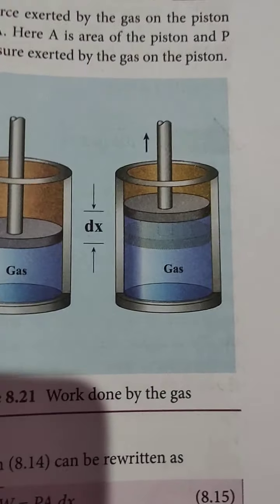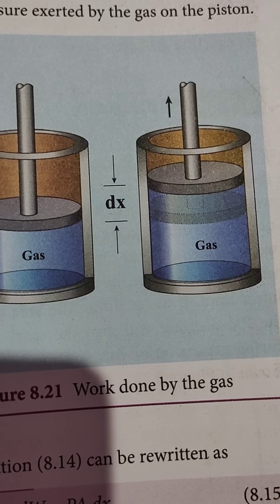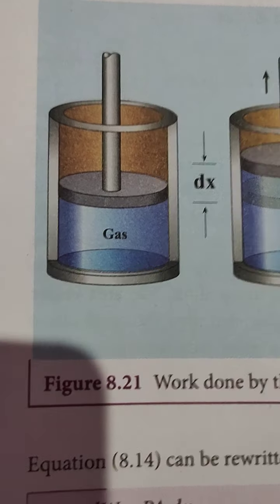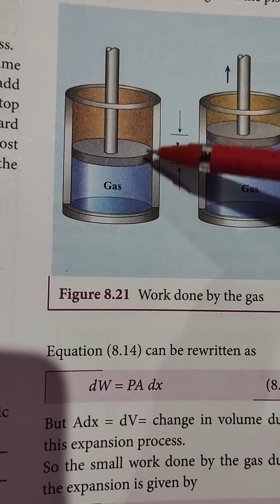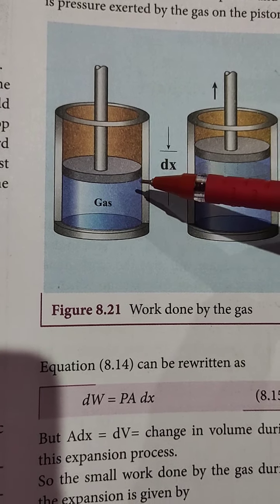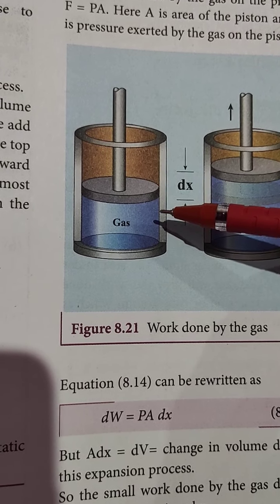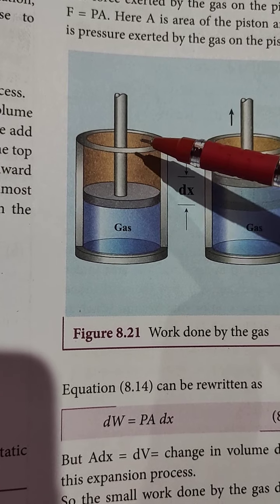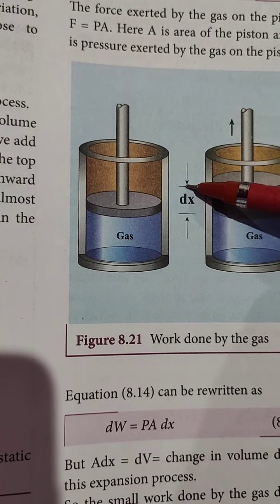Here, consider a gas contained in a cylinder fitted with a movable piston. This is a movable piston. Suppose the gas is expanded quasi-statically by pushing the piston by a small distance dx.